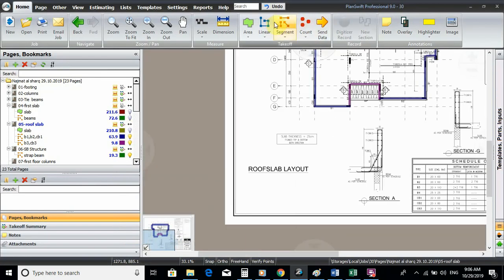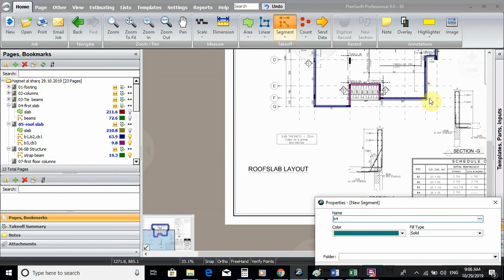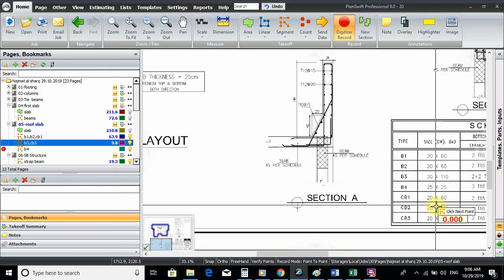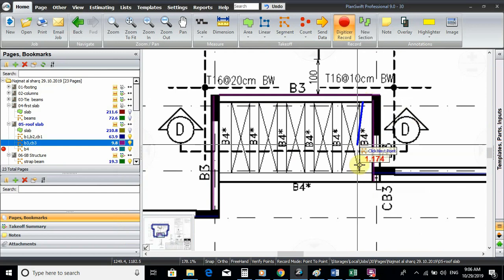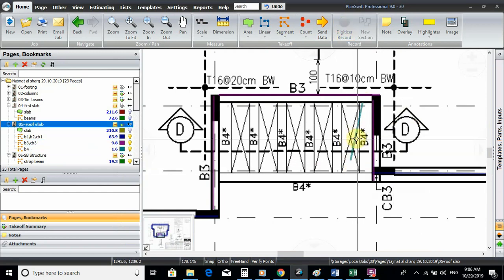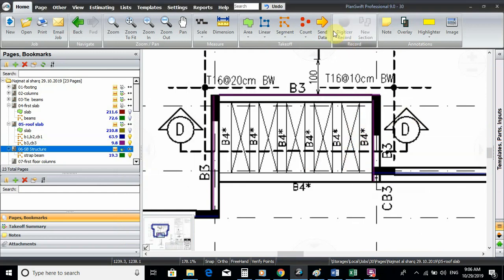What is B4? 20 by 20. That's a very small beam. It's decoration. 25 by 25. B4. Sorry, we won't count this segment. B4.